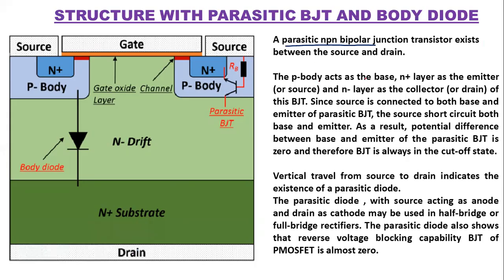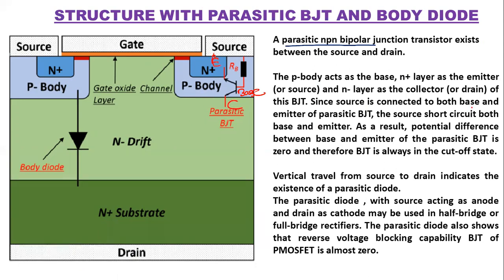The P body acts as the base, the N plus layer as the emitter, which is the source area, and the N minus layer as the collector, or the drain.